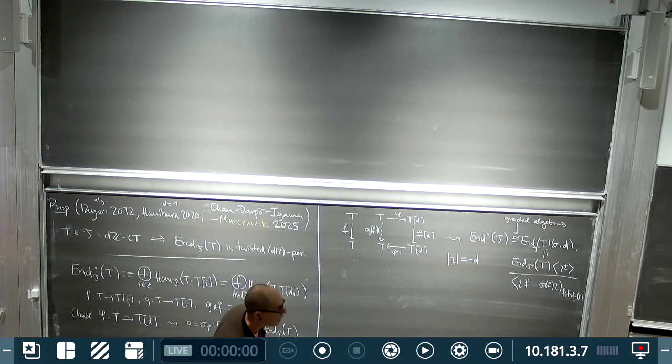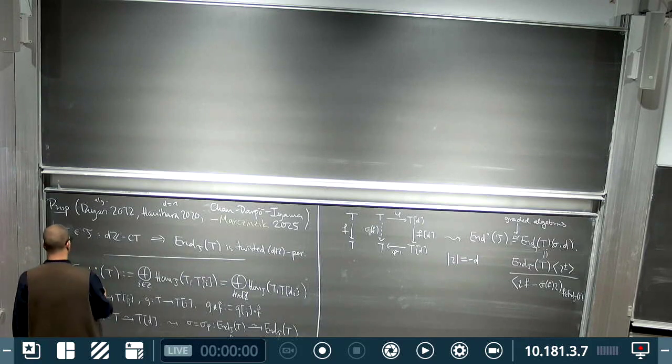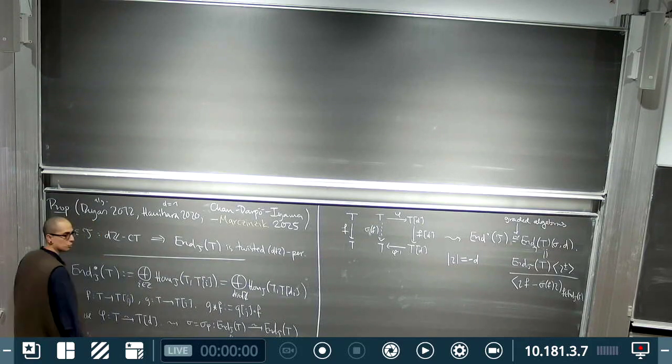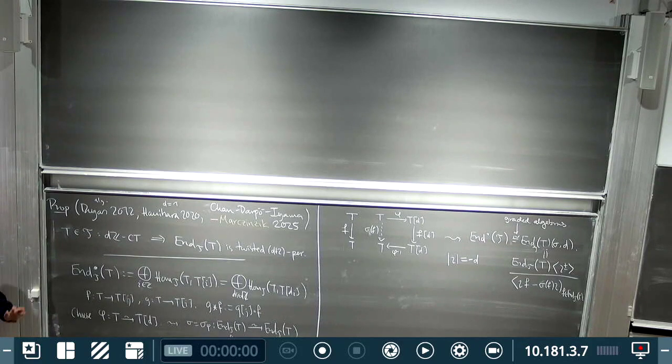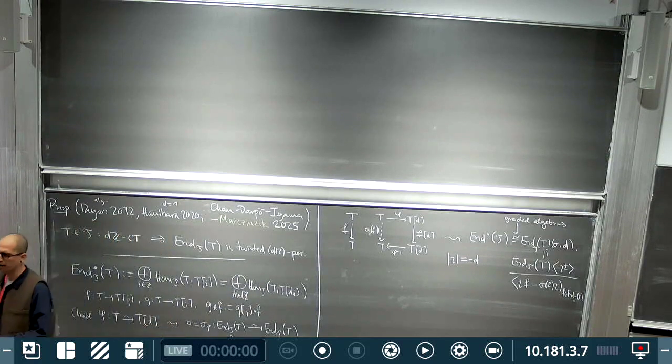Is the endomorphism algebra formal? Are we losing information when we're defining it this way? Well, we haven't introduced any higher structure, so we haven't lost any information. This is indeed just a graded algebra, so it has no differential. But we haven't assumed yet any enhancement on T. So as of now, we have not lost any information.